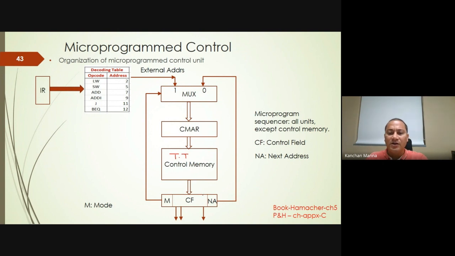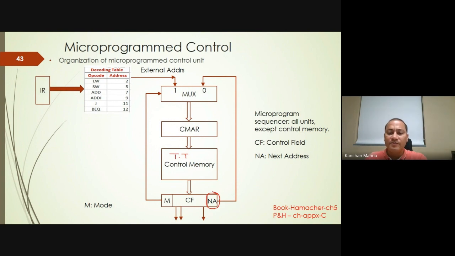As we mentioned, sometimes the control field holds the next control word's address. So this NA is the next address field, and this is the mode field. It can be 0 or 1. As we mentioned earlier, the address of the control memory register can come in two different ways.